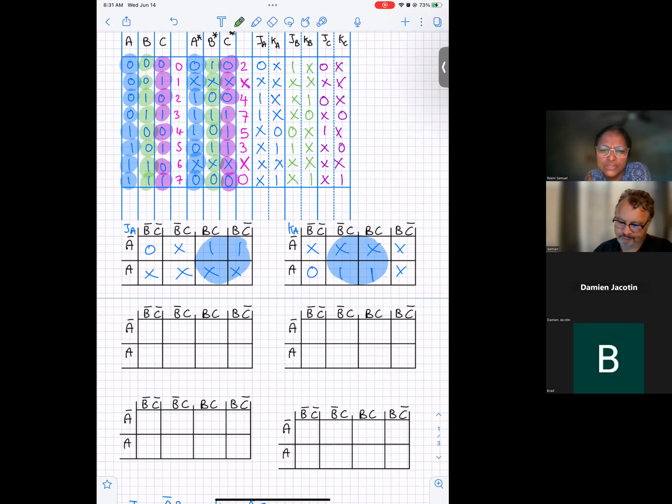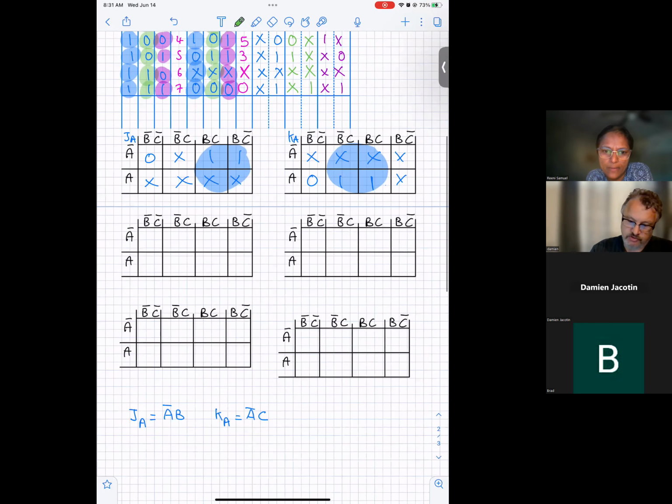Will it not be just C for KA? Wait a second. You're right. Actually, yes, you're absolutely right. And for JA as well, I made a mistake for both of them. I didn't consider the don't care. I just considered the ones.